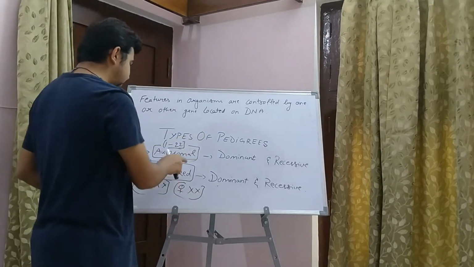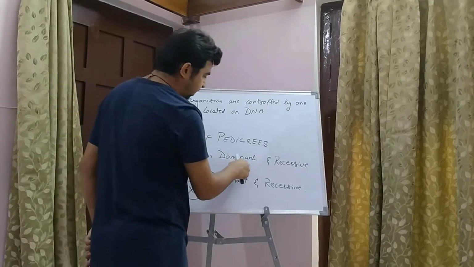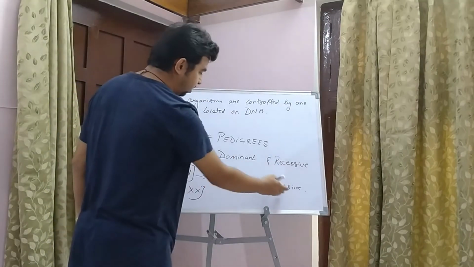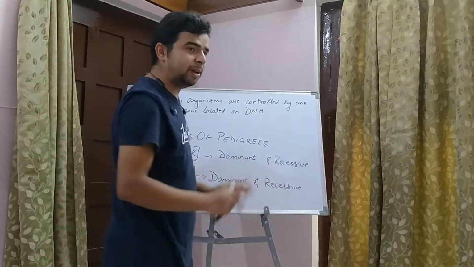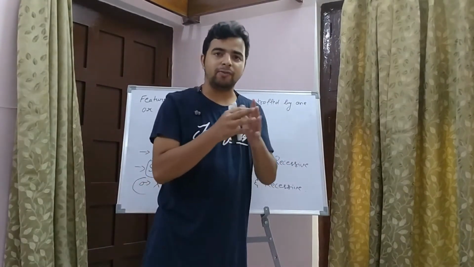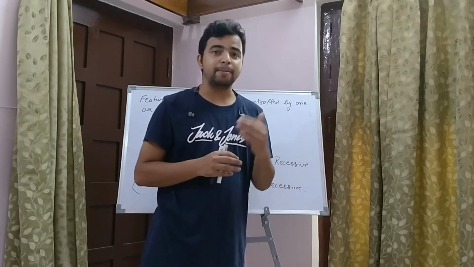Now we can see here that autosomal is categorized as dominant and recessive, as well as sex-linked is categorized as dominant and recessive, similar to the law of dominance given by Mendel.